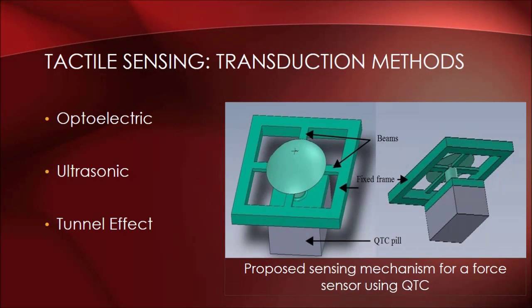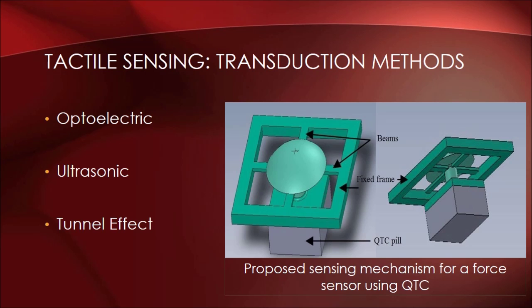In the optoelectric method, a light source, a transduction medium, and a photodetector are used. A CMOS camera is also employed to record the reflection pattern. The light intensity obtained in the diffused reflection indicates how close the object is to the surface.